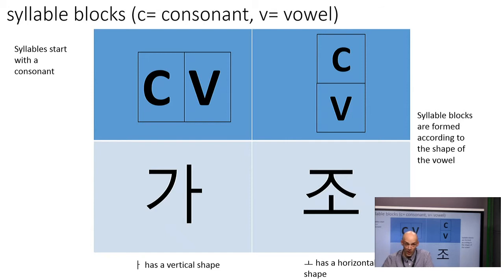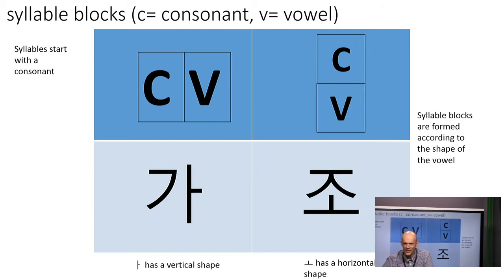Some principles of forming these syllable blocks. Syllables will all start with a consonant of some form. So you see here g, j, and they'll be followed by a vowel here, as in ga and jo. Okay, that's a general principle.